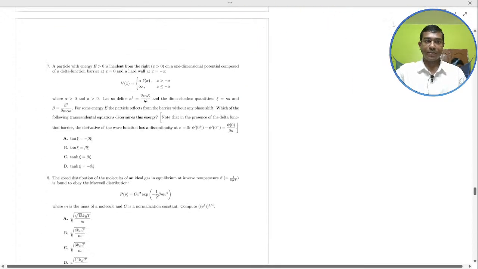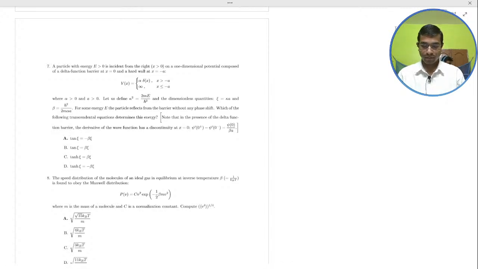Next, question number 7. A particle with energy E greater than 0 is incident from the right on a one-dimensional potential composed of the delta function barrier at x equal to 0 and a hard wall at x equal to minus a.